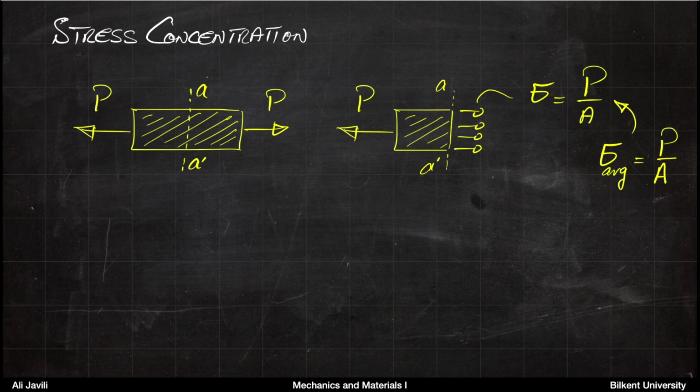Now this is a uniform member with cross-sectional area A. That means if you cut this member at any section, and if you look at the distribution of the stress inside the member, you would always see that the stress distribution is uniform, and this is normal stress, obviously, because we are talking about axially loaded members. So in this case, the stress distribution is uniform and is obviously equal to the average stress. And that would be the total normal force divided by cross-sectional area A.